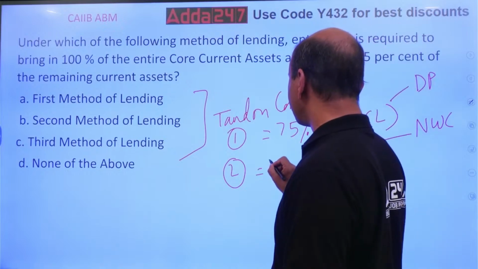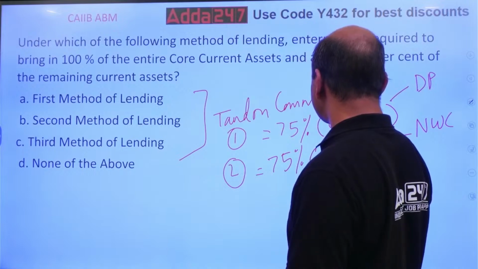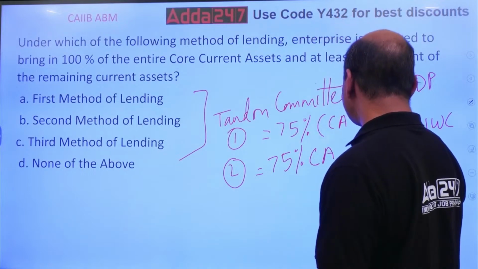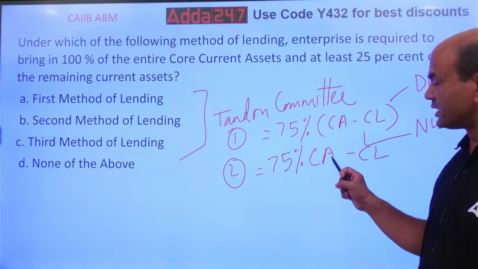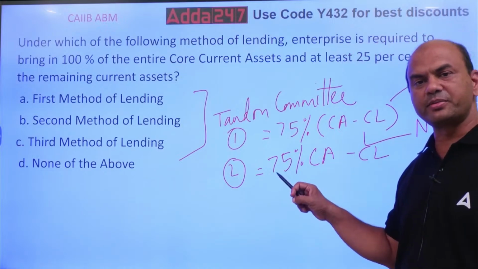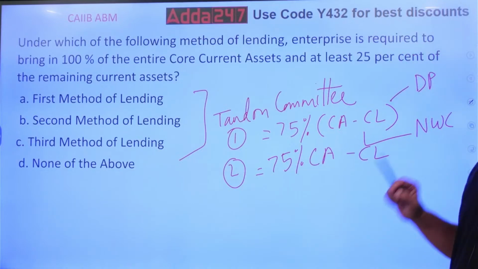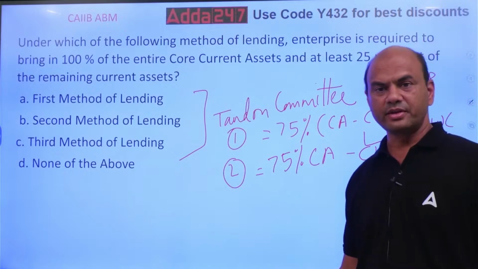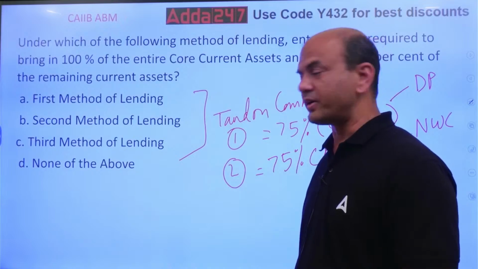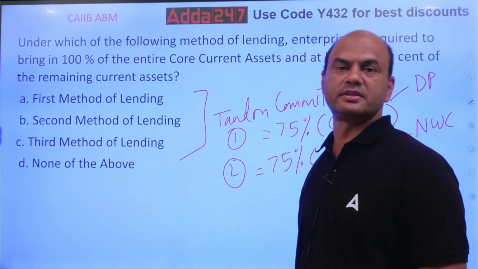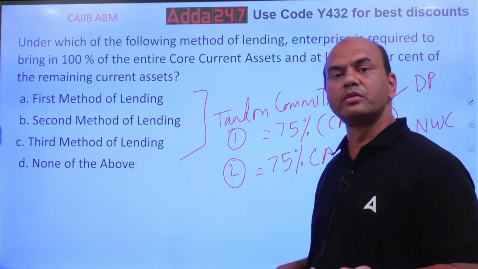Equals to 75% into current assets, look at this, bracket is not there, and then minus current liabilities. First I multiply current assets by 75%, and from whatever answer I get, I subtract current liabilities. So here a lesser amount of loan results. Bank will finance a lesser amount of loan than method 1.